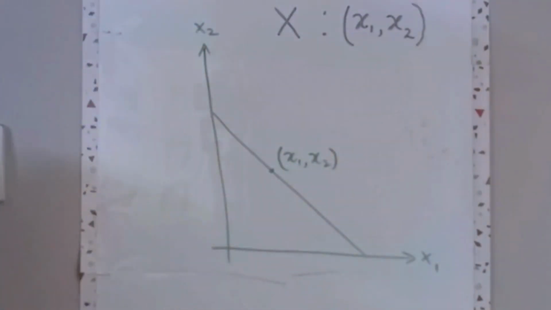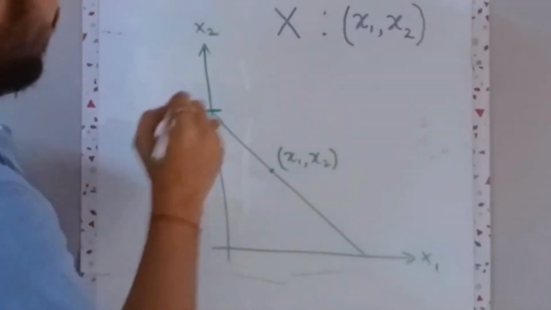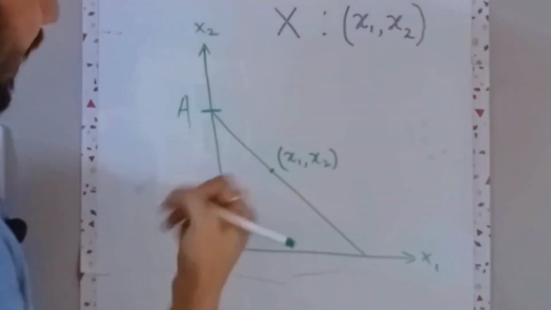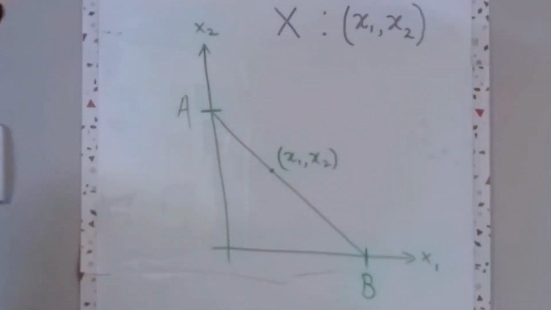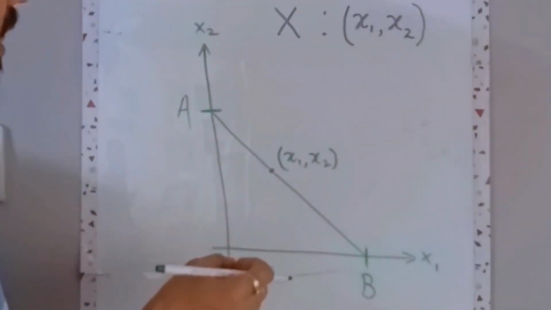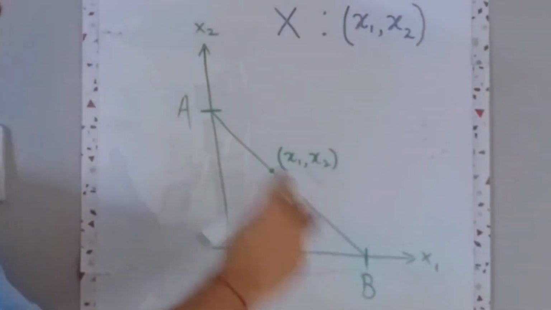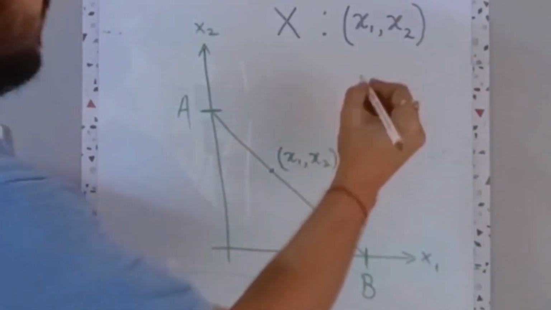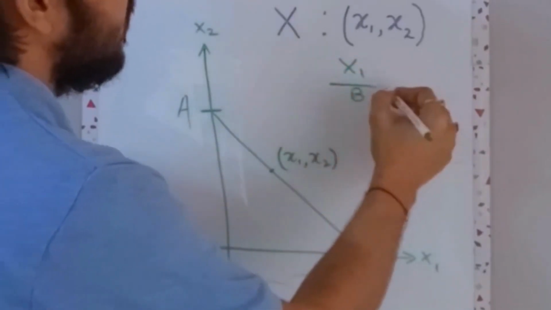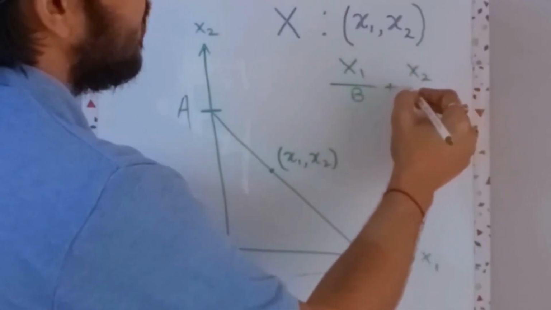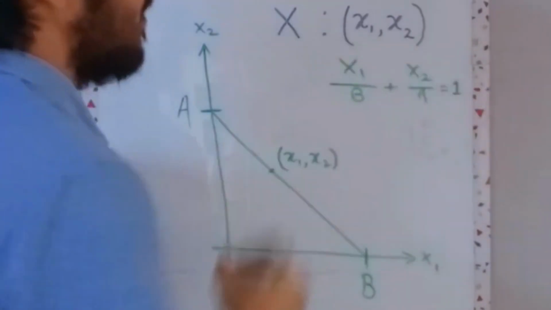Let's say my y-intercept is some A, and my x-intercept is some B. Now I can find the equation for this line. The equation for this line will be nothing but x1 upon B plus x2 upon A is equal to 1.